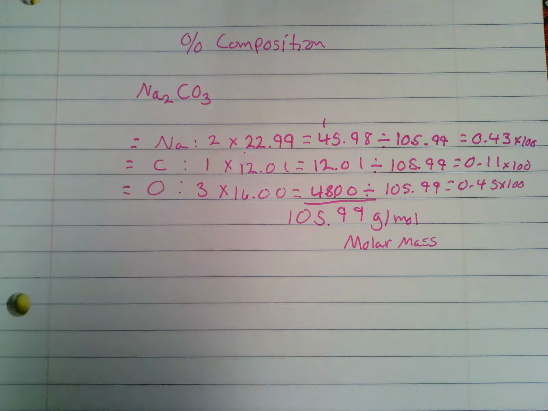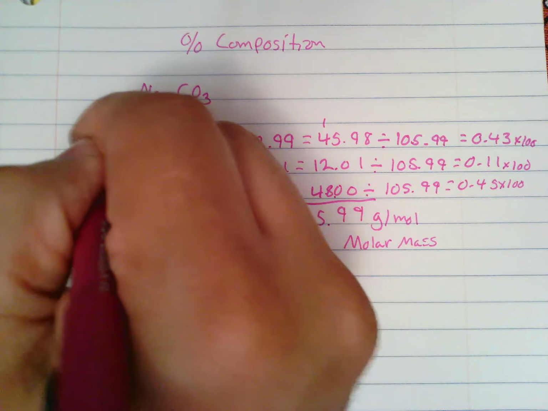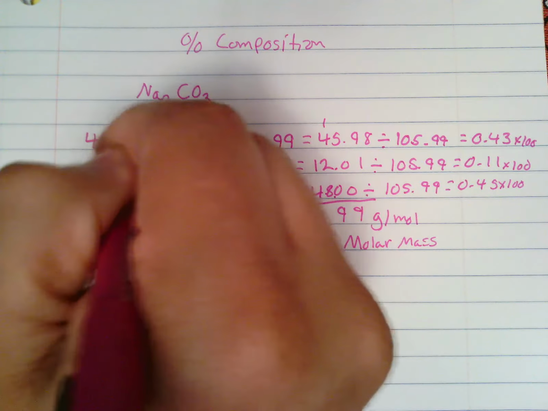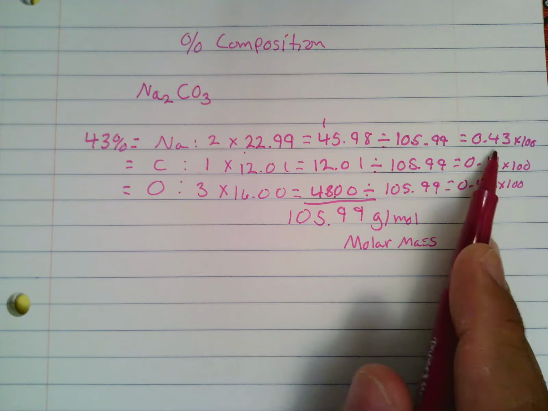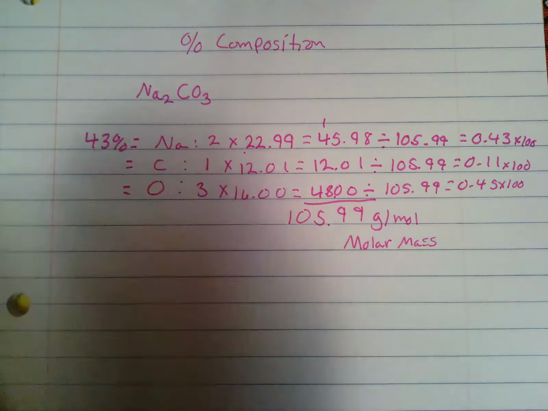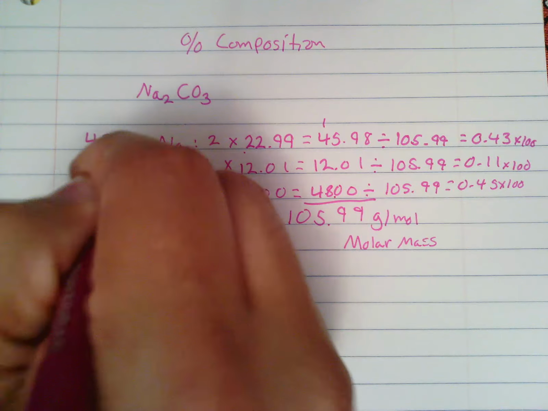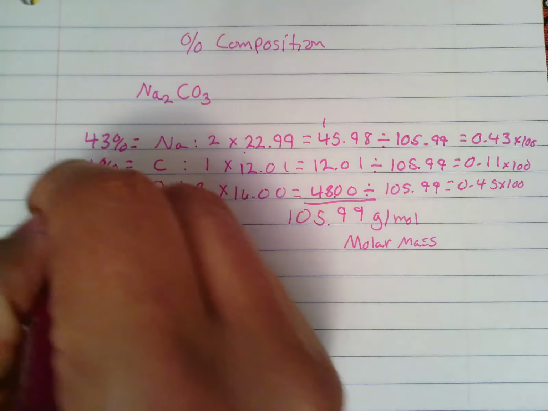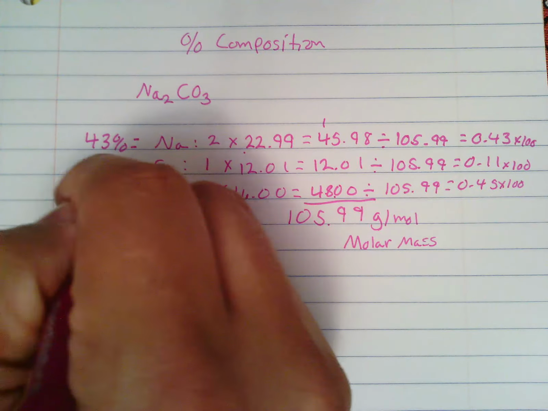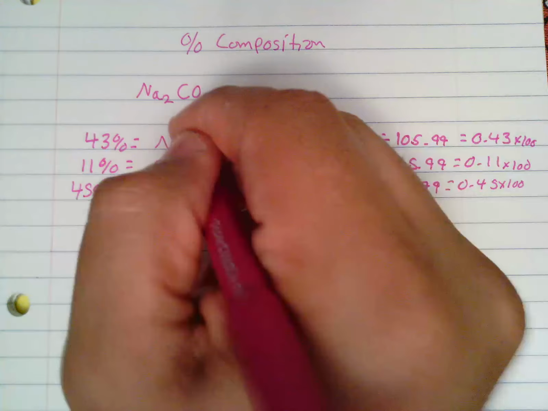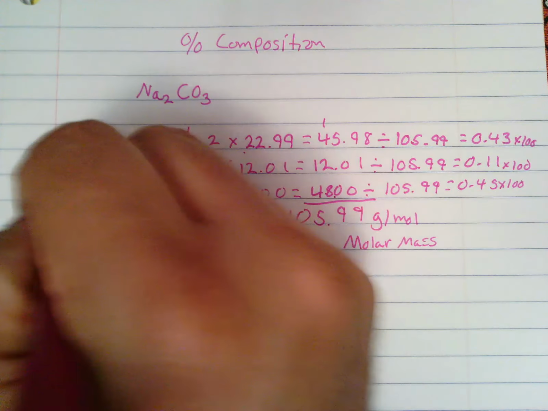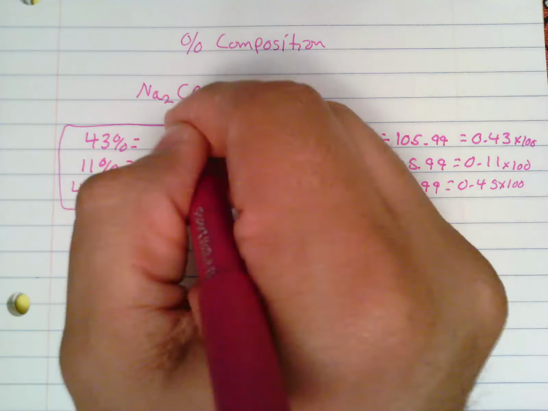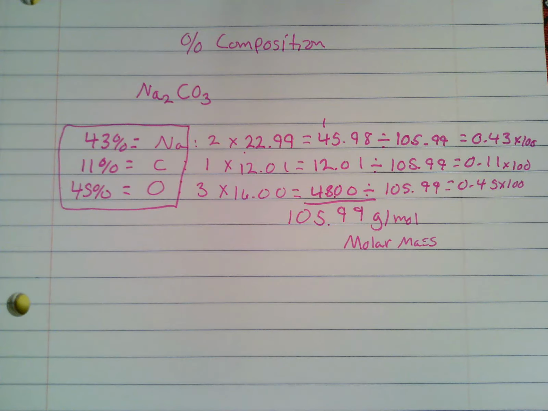So this is going to be 43% sodium, this one's going to be 11% carbon, and that one's going to be 45% oxygen. Those are our percents of each element. And that's how you do percent composition. It's really not that hard, it's just a couple extra steps.